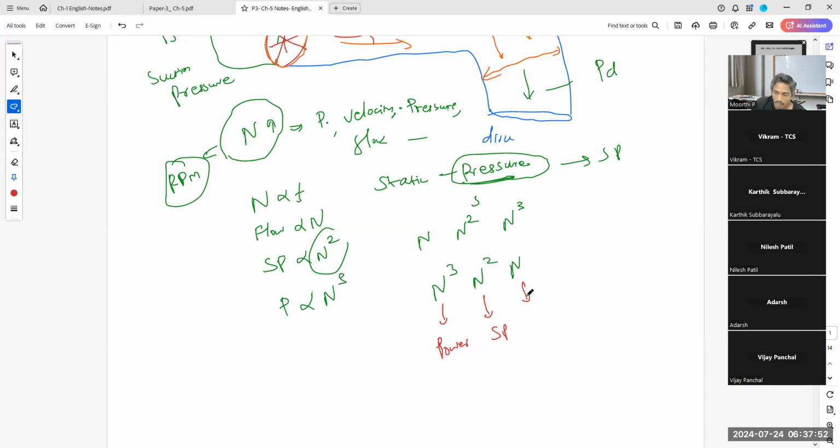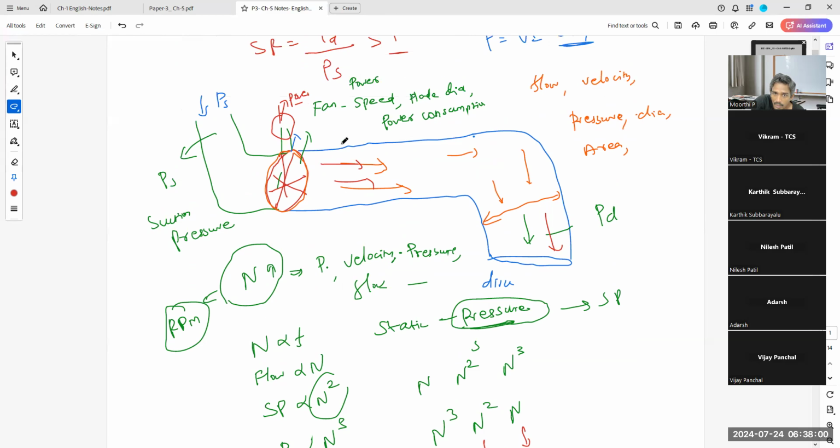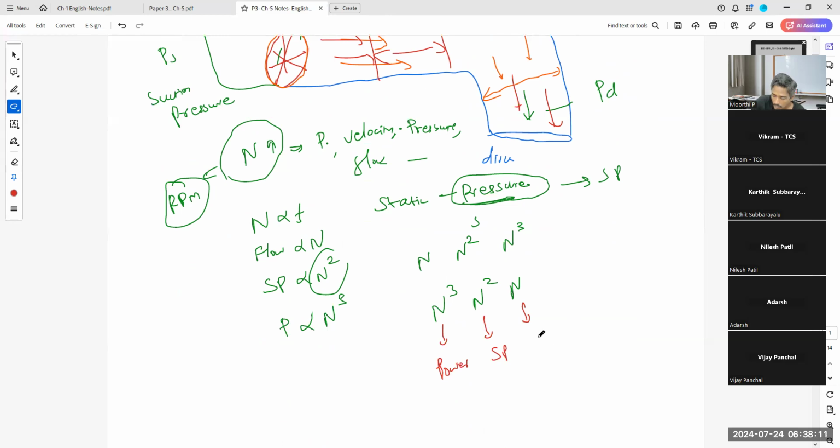Then finally flow, here is the outgoing flow. Can you understand? First one is power, next one is pressure. Here normal flow, the flow Q. Here N cube, one is reduced going to N square, then one more reduces, then N finally.